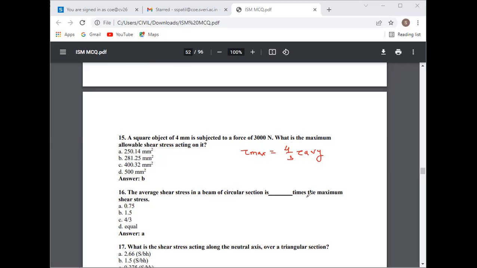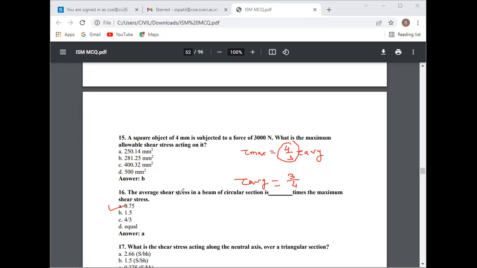Circular section is how much times of the maximum shear stress? So 4 by 3, that is, आता इथे दोन ऑप्शन दिले बघा. No, काय विचारलं का, shear stress in beam, average shear stress. So tau average is equal to 3 by 4. So ऑप्शन ए इज करेक्ट.